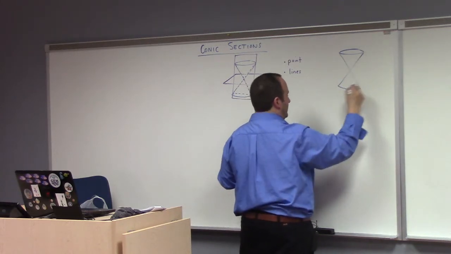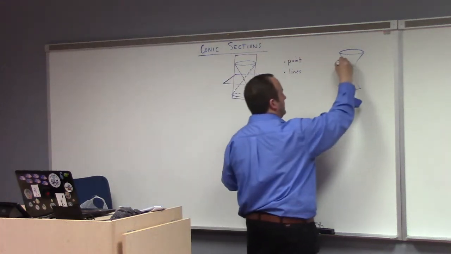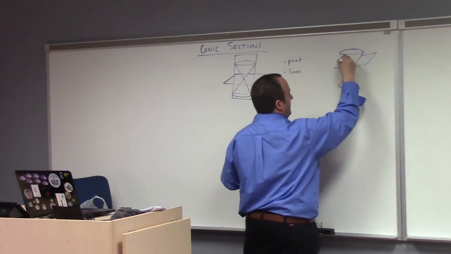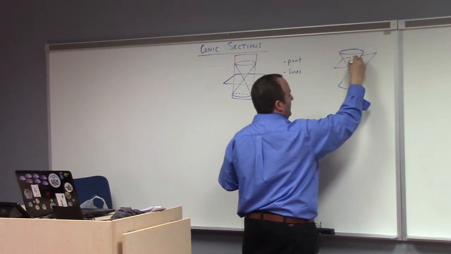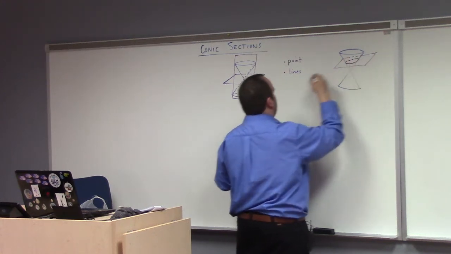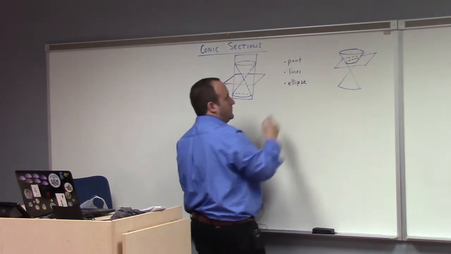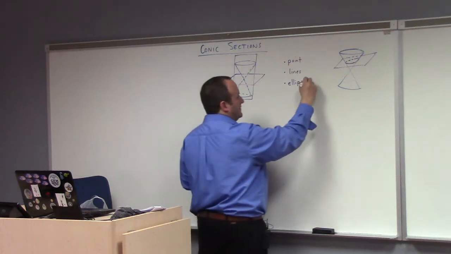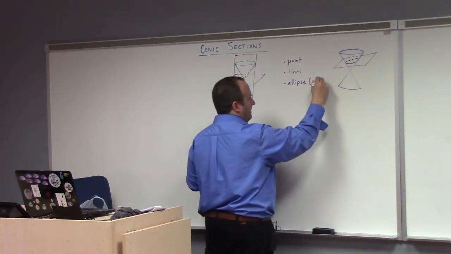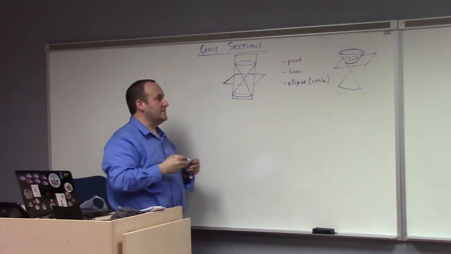You could also think about slicing the cone like this, and then it would intersect along something like this. So you could have an ellipse. And of course, as a special case, you get a circle if you did a horizontal slice like that.